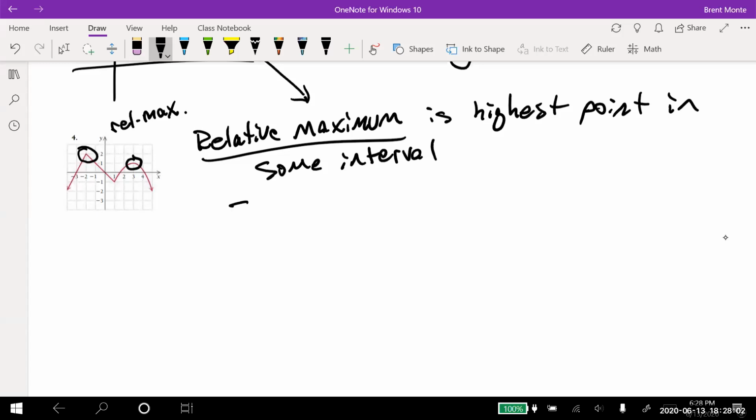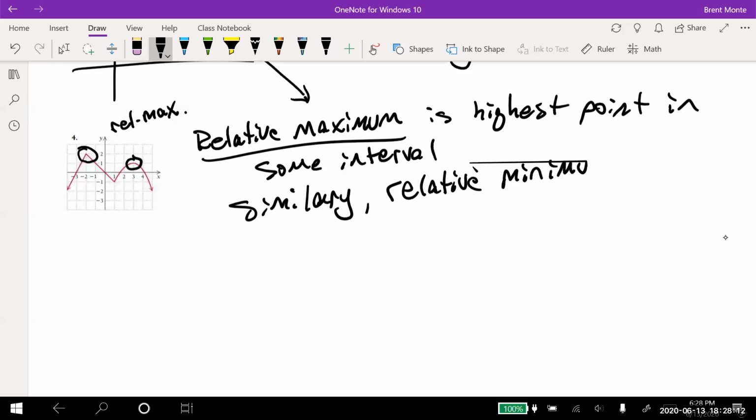Similarly, relative minimum. The relative minimum is the lowest point in some interval.